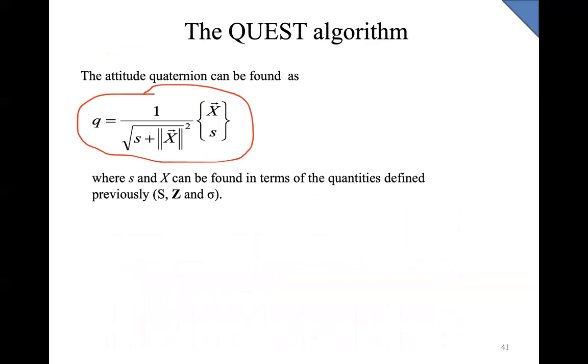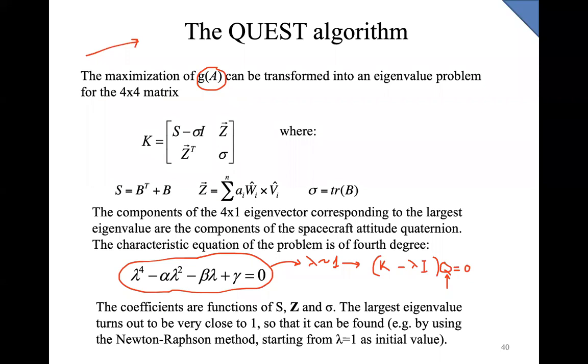So this slide is not really important when you want a method that enables the determination of the quaternion. What you're going to do when you have the exercise on the QUEST algorithm is solve the eigenvalue problem and find the value of lambda that is very close to 1.